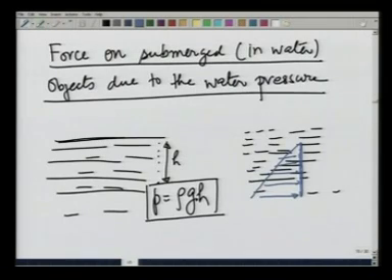So the force varies like a triangular loading, or in fact here it will not be triangular, it will be more like trapezoidal loading, because there is pressure at this depth also. So the loading of force is going to be like this. If the sheet was right from the surface of the water, then the loading would have been triangular, which is nothing but a special case of trapezoidal loading.